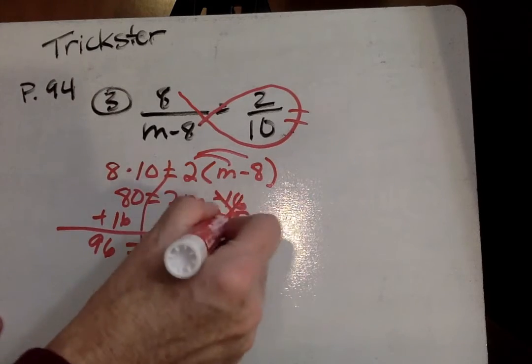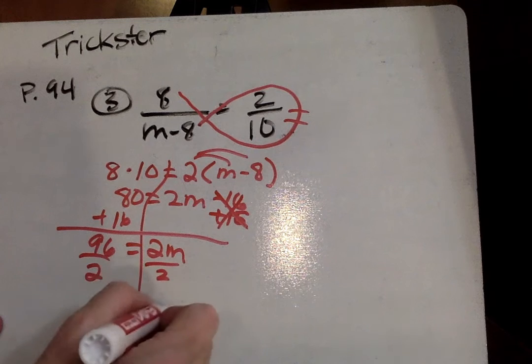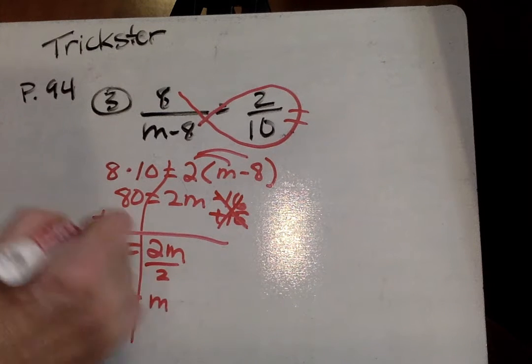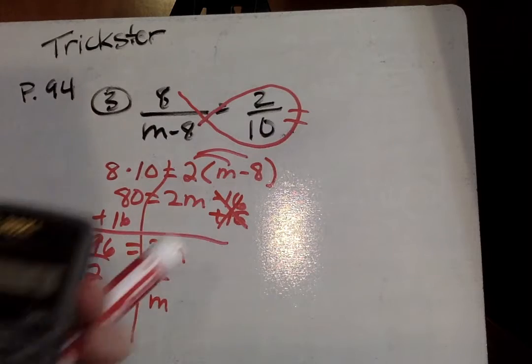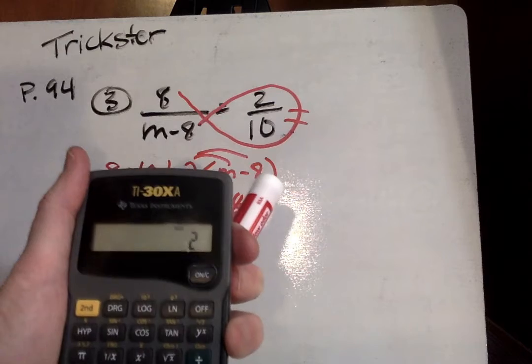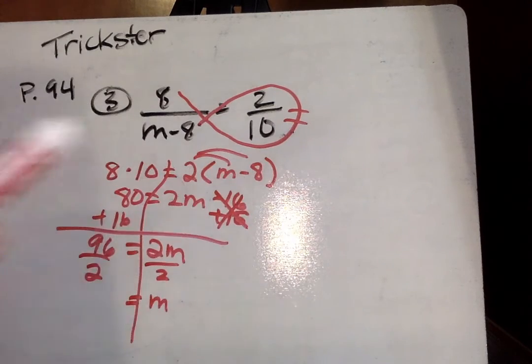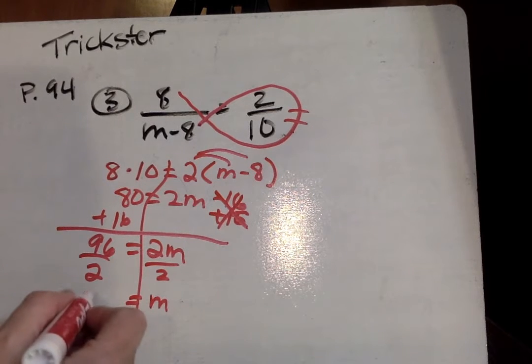Because those are plus 16, it goes away. Divide by 2. 96 divided by 2, I'm going to say 48. Equals 48.